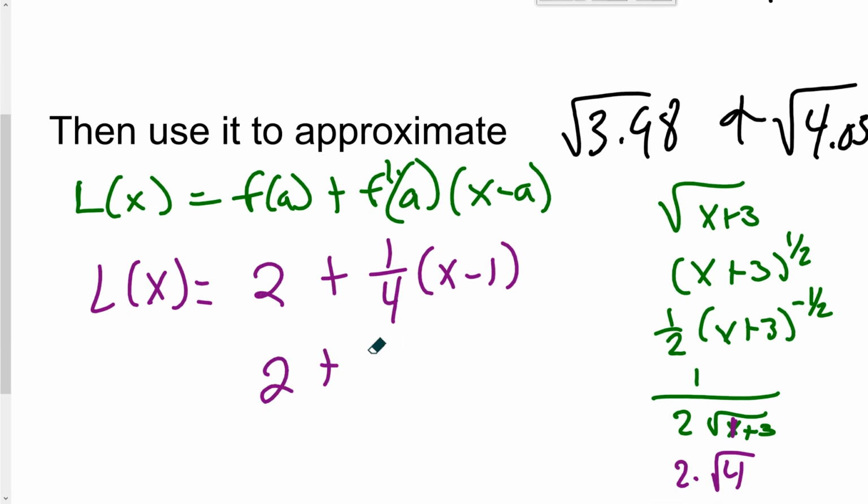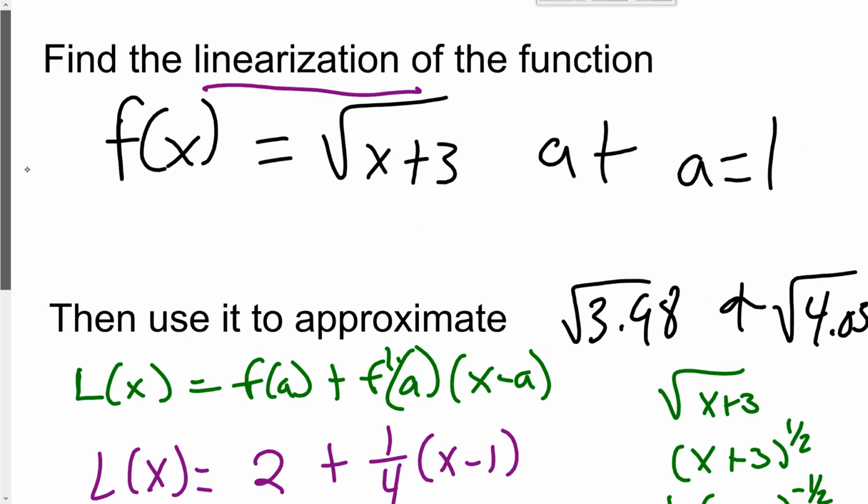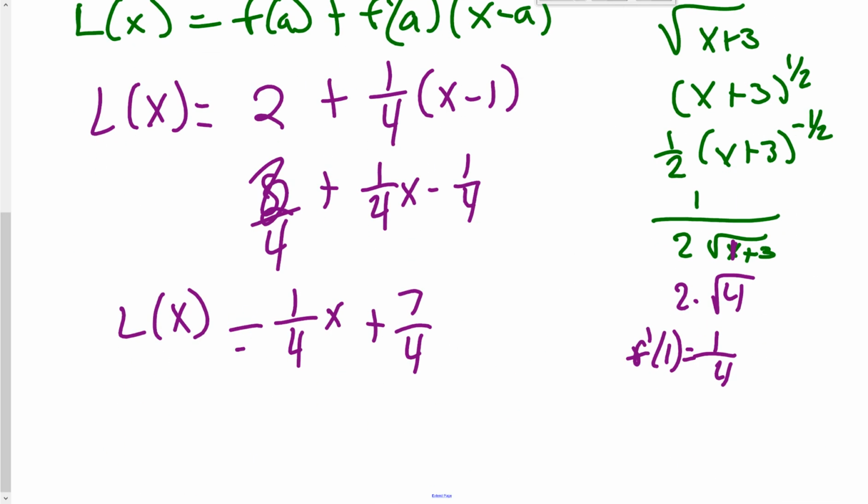And I could simplify that. 1/4 x minus 1/4. That'd be the same as 8/4 minus 1 would be 7/4, so 1/4 x plus 7/4. So that's a linearization of my function, simplified.